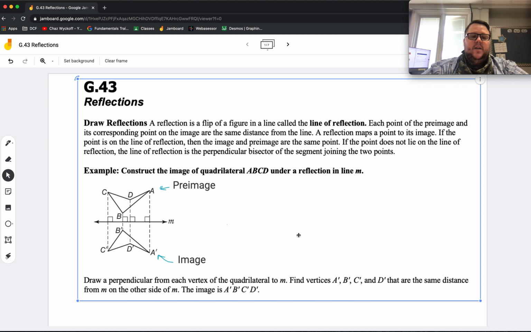In the mirror, it would look like your left hand is being raised. But because I flipped my camera to already invert it, you're seeing my right hand raised. Whereas if you're looking in a mirror and you raise your right hand, your image looks like it's your left hand being raised. So the pre-image is the actual shape. The image is the reflection.